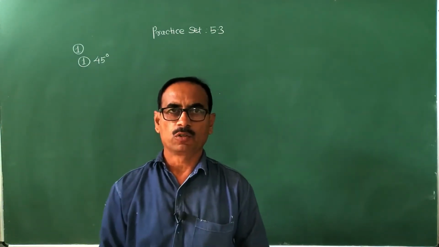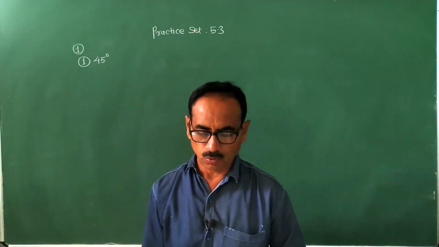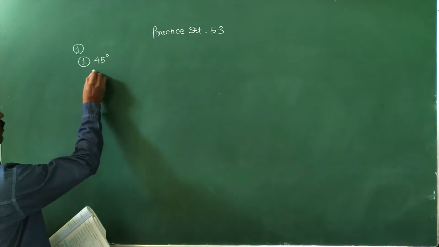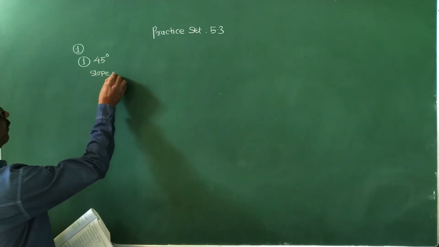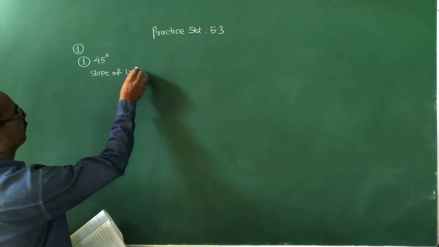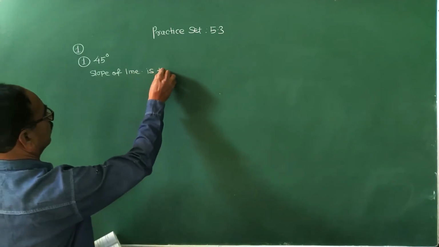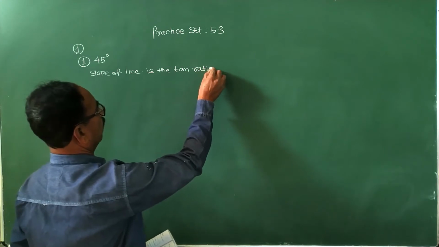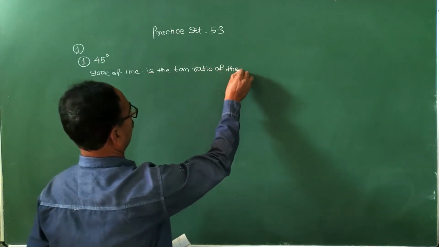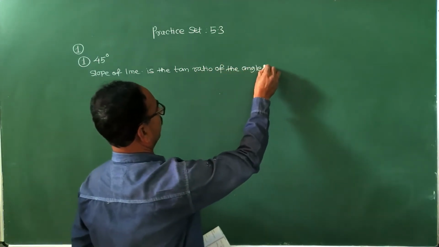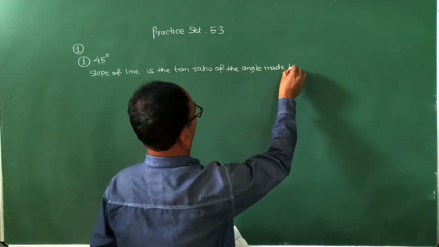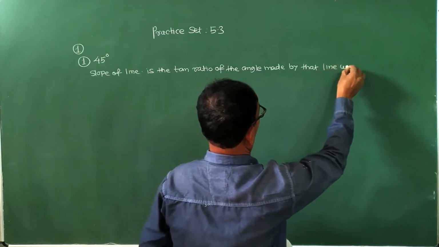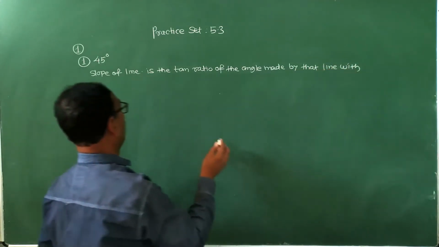अँगल ज्या मेजरचा असतो त्याचा tan रेशो काय असतो आपला स्लोप असतो. So here we will write slope of line is the tan ratio of the angle made by that line with positive direction of x-axis.